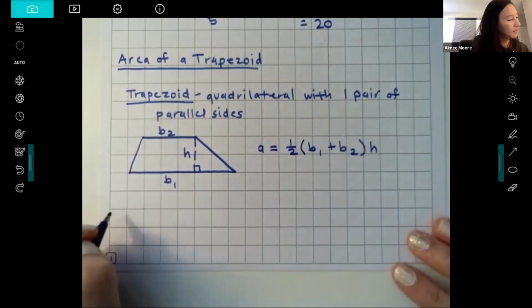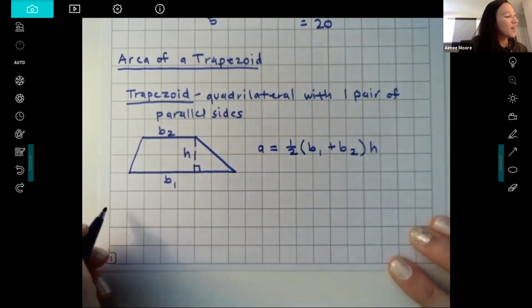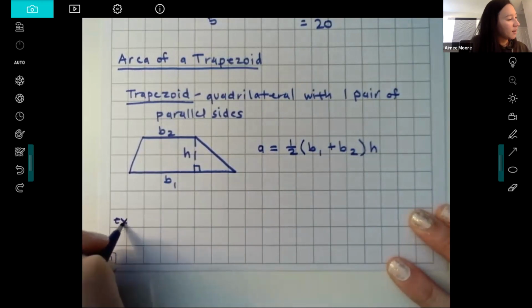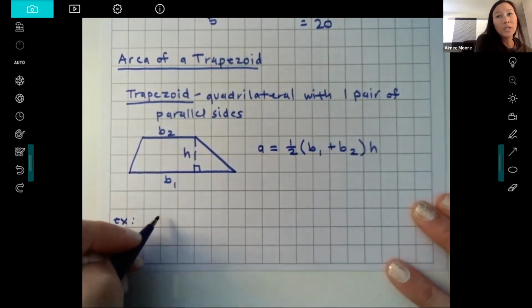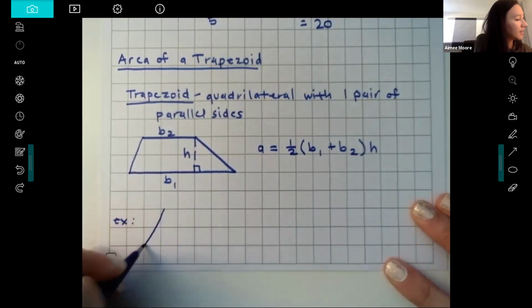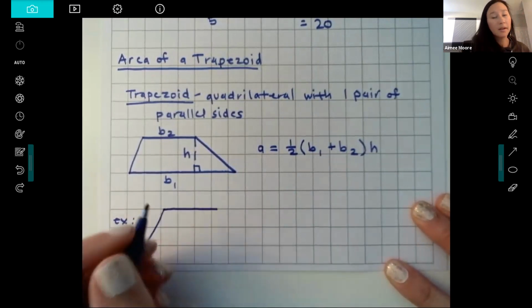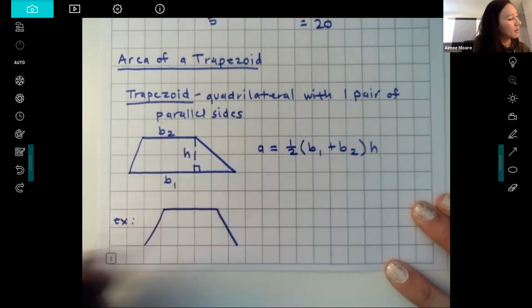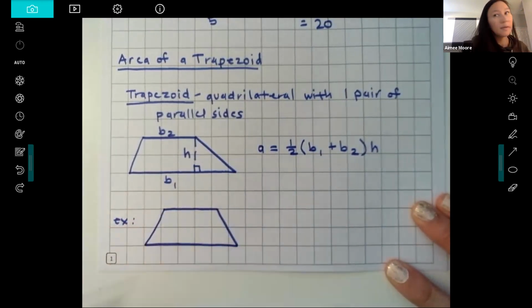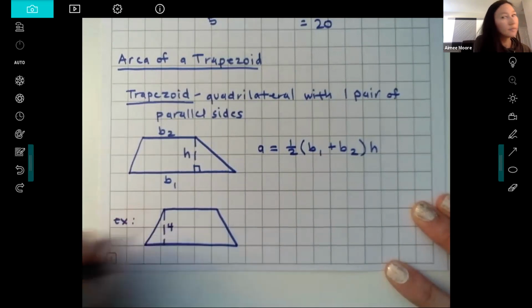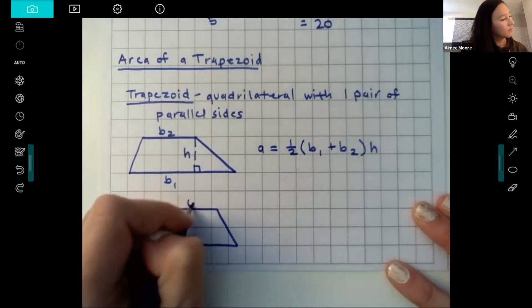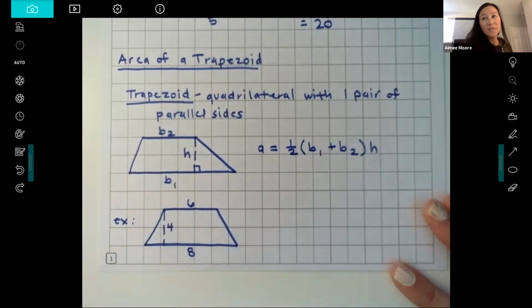This is kind of confusing. It's not that bad. It looks intimidating, but once we do it, I think you'll see, oh, that's not so bad. And as long as you have a calculator, it's really not that bad.